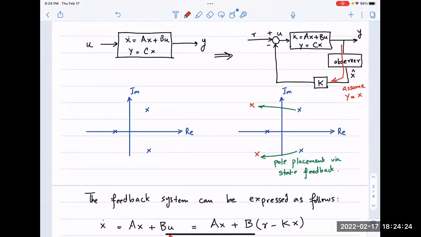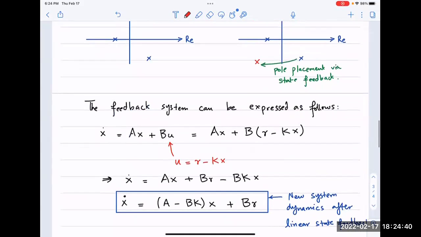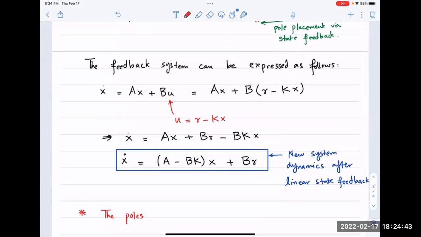But in general, there is R somewhere. If you don't want to consider R, that's still okay. But generally, you are trying to track a reference. Okay, thank you.